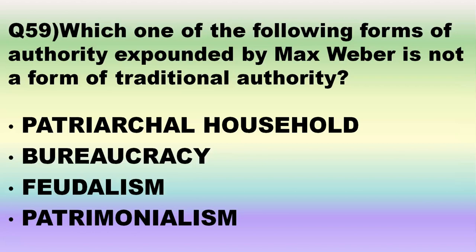We know that the three types of authority by Max Weber: traditional, charismatic, and rational legal. So, under traditional authority, we don't have bureaucracy. So, answer will be bureaucracy.